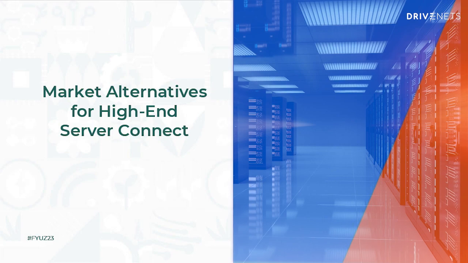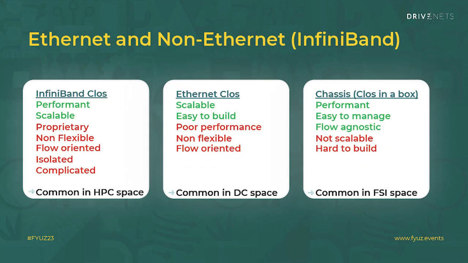What are the alternatives, right? What is being positioned as of today? First solution I want to talk about is InfiniBand. This is extremely common in HPC environments. It definitely has the performance and the scalability, but problem is, apart from not being open and being proprietary, is not so flexible.